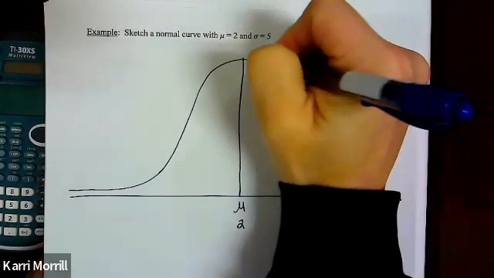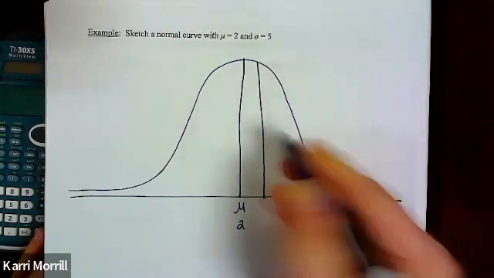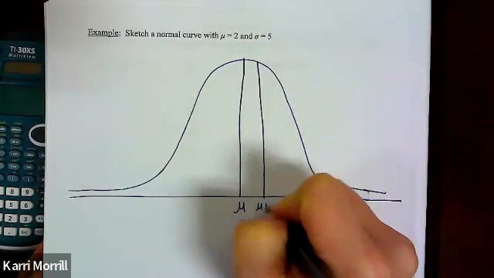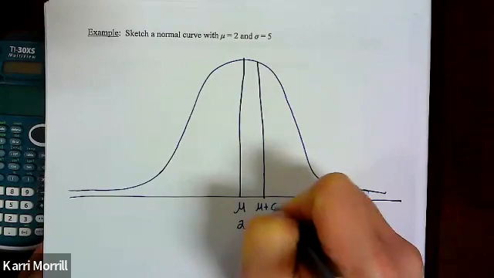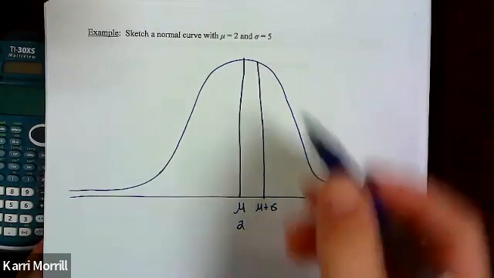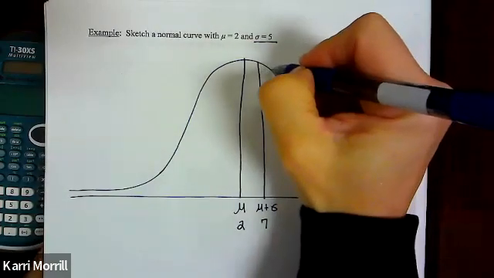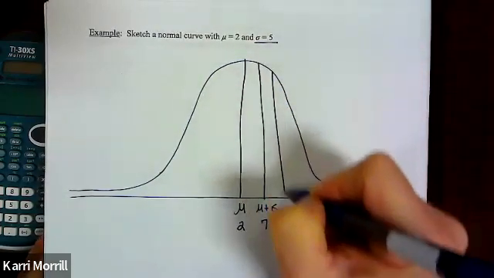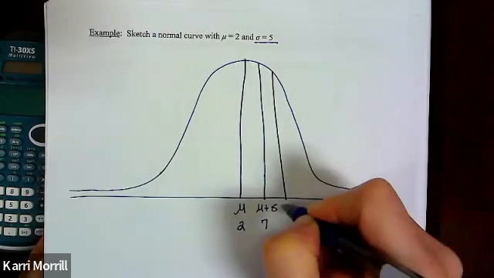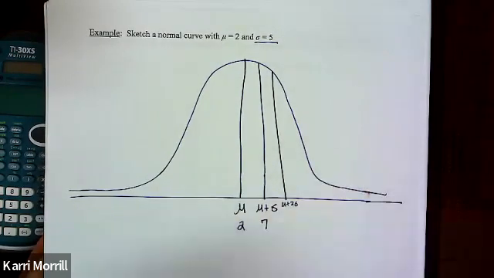And if we were to go over 1 to the right, this represents your mean plus 1 standard deviation. And they said our standard deviation is 5. So that's like saying 2 plus 5 is 7. And then to the right of that would be your mean plus 2 standard deviations. I had to get a little bit smaller in my writing for that one.